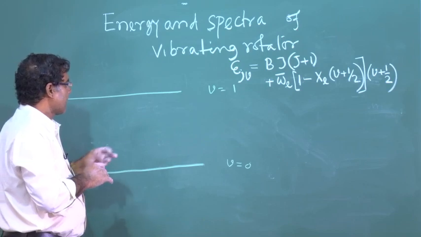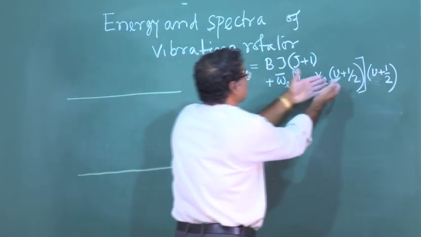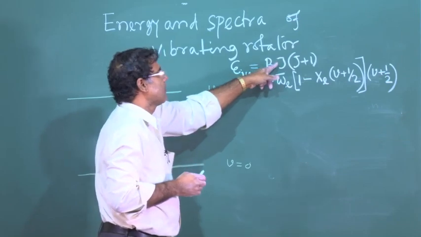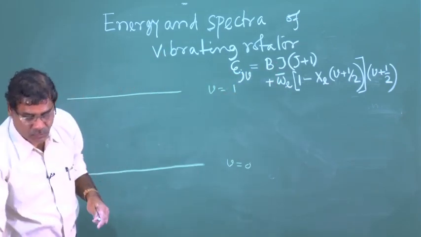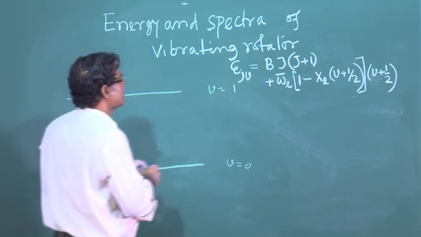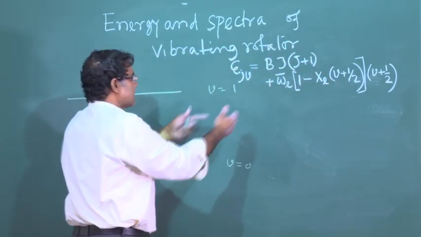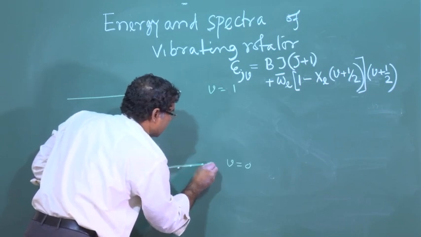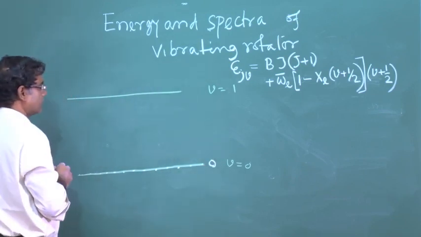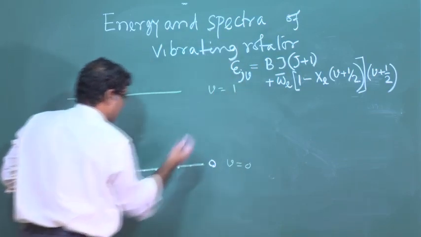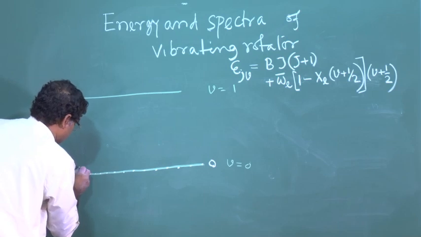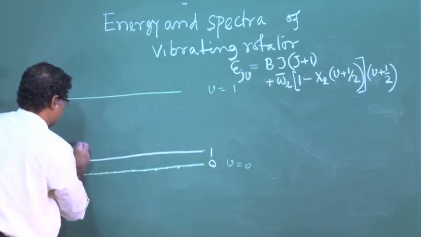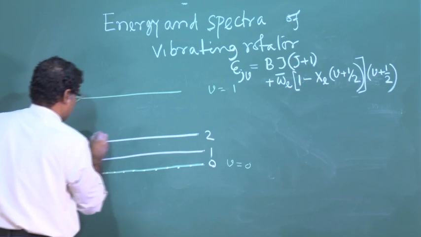Now for V equal to 0, if I put different values of J, starting from J equal to 0, 1, 2, 3, J equal to 0 is the same line, and then you get J equal to 1, J equal to 2, J equal to 3.